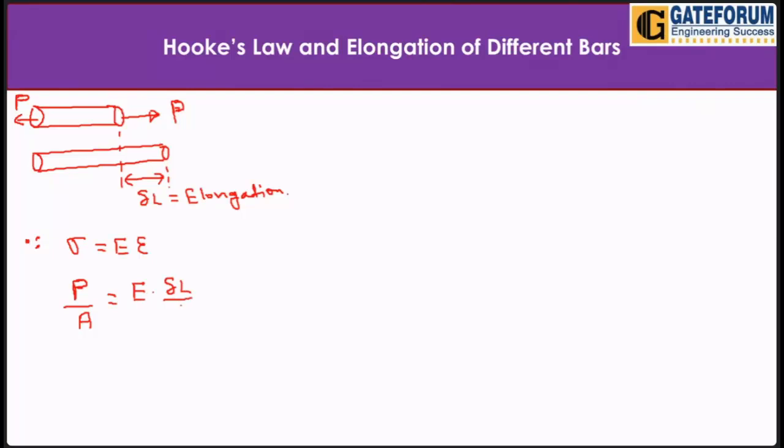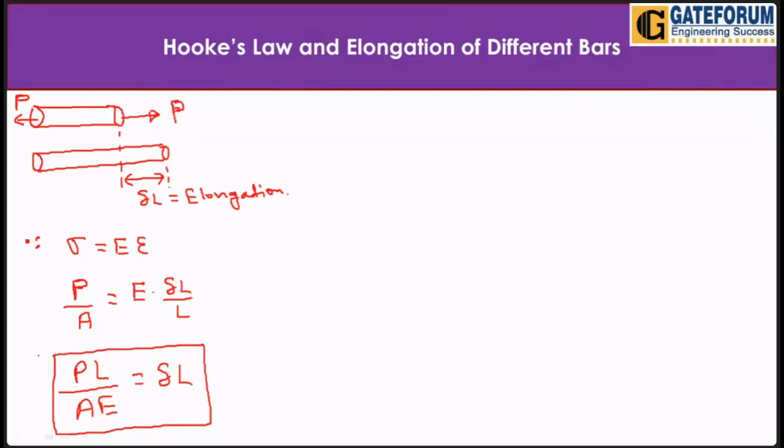Change in length to original length. So from here, delta L is equal to P into L divided by A into E. This is the final formula for elongation, PL by AE. Very important formula.